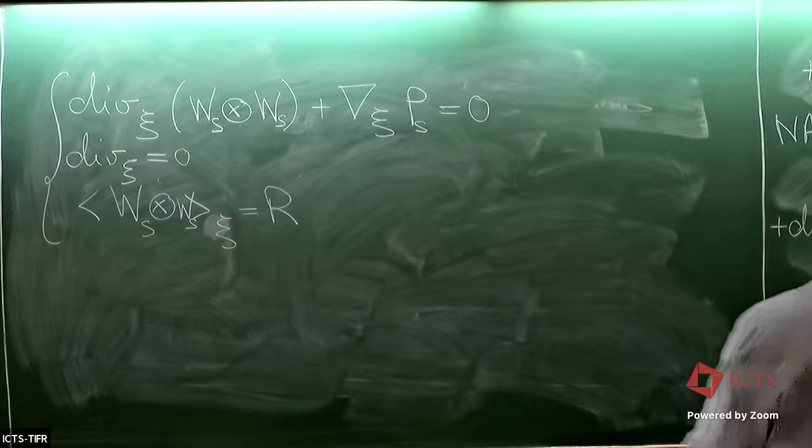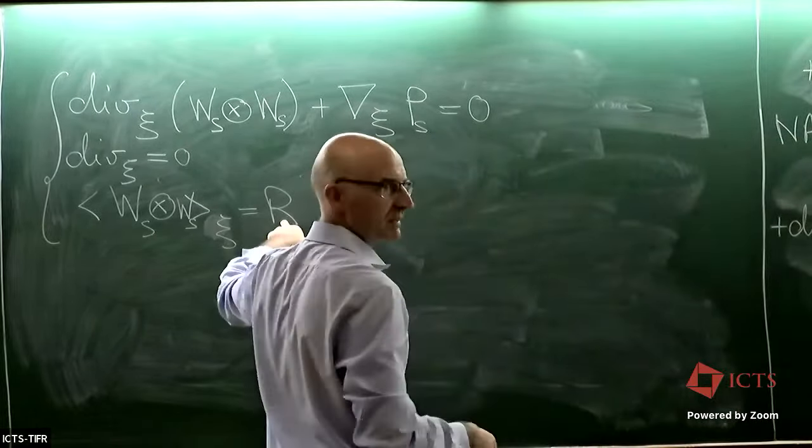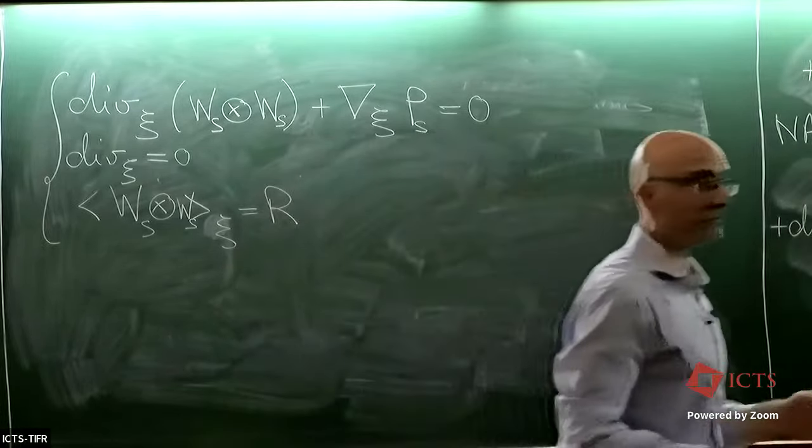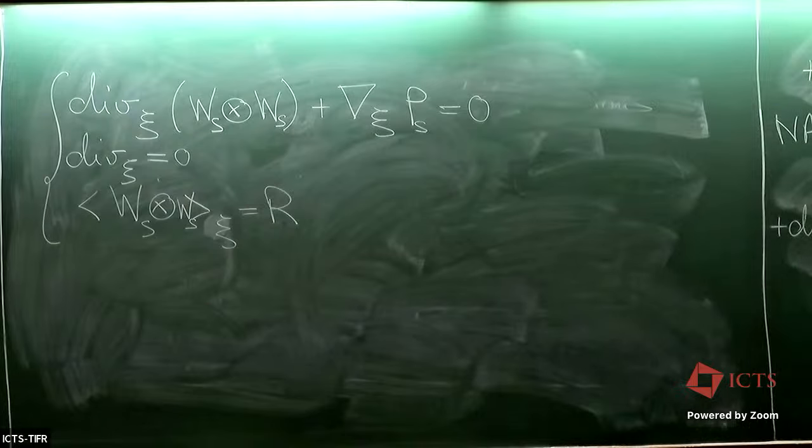You see, I have an object over here which is a matrix, right? It's a single matrix. So I'm looking for a finite dimensional family or manifold of solutions of the stationary Euler equation, which is parameterized by this R, by this symmetric matrix. So the dimension is going to be n times n plus 1 divided by 2.